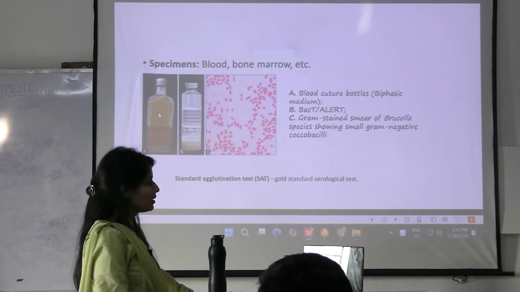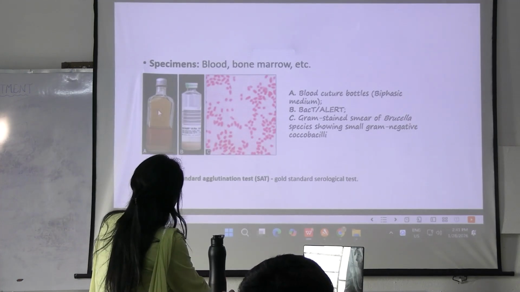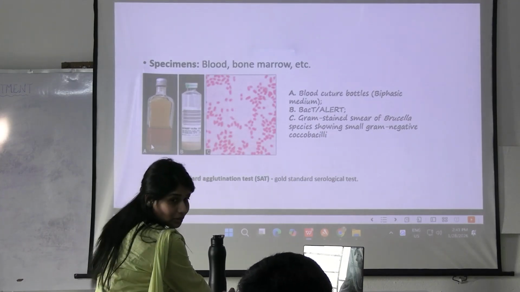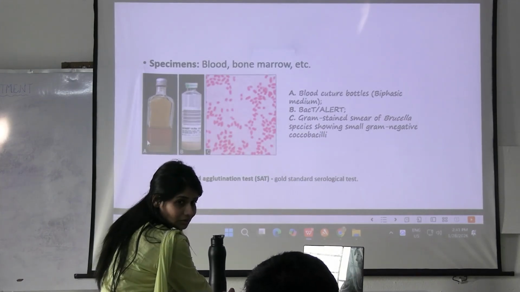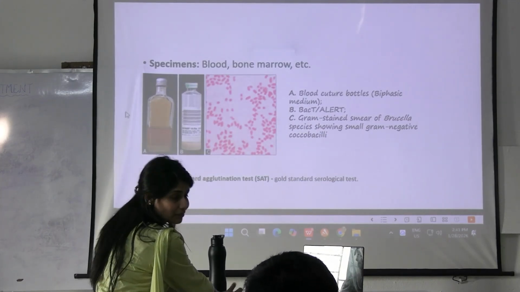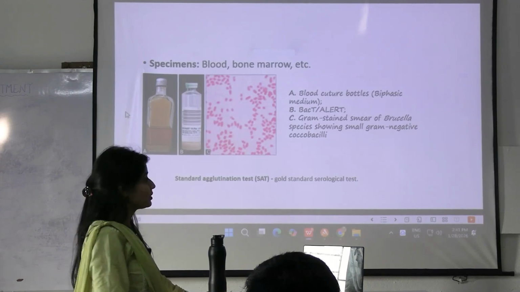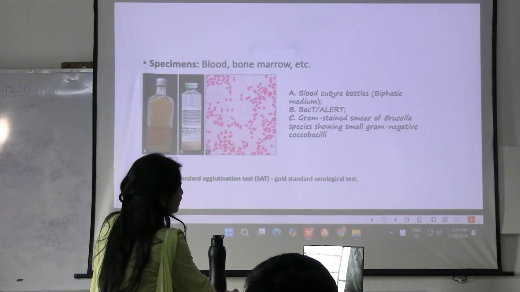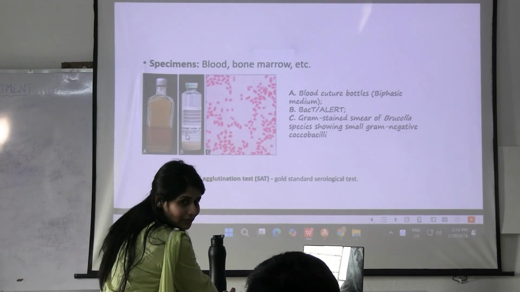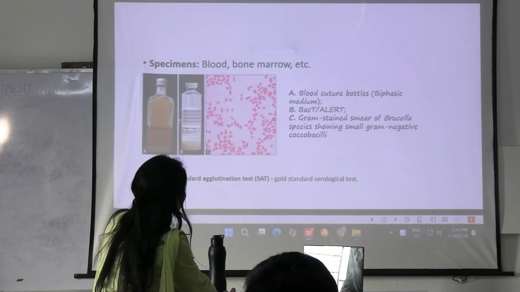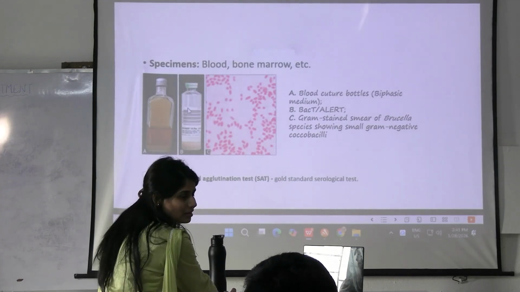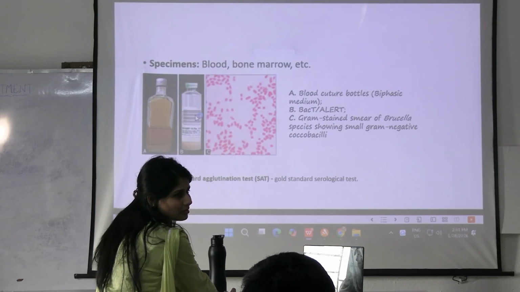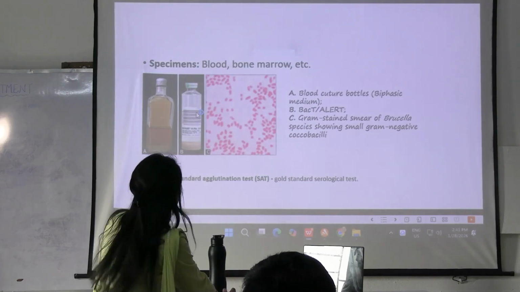No. Then you can see the agar slant and liquid. So what is this? This is a biphasic pot. It's a blood culture bottle, biphasic medium. Okay. And this is the bottle for the automated system. Okay.